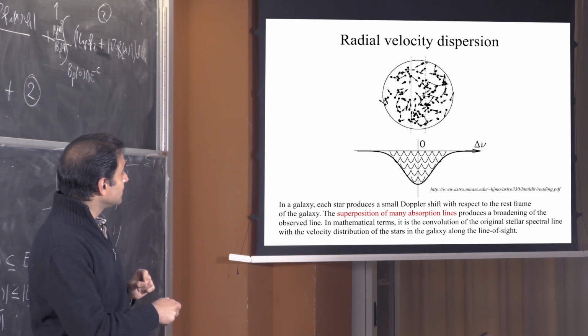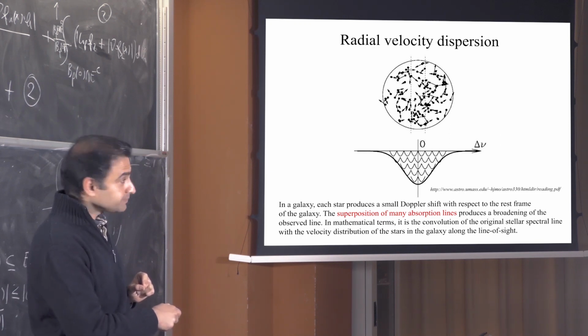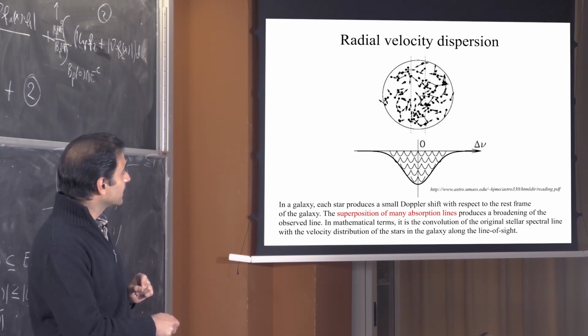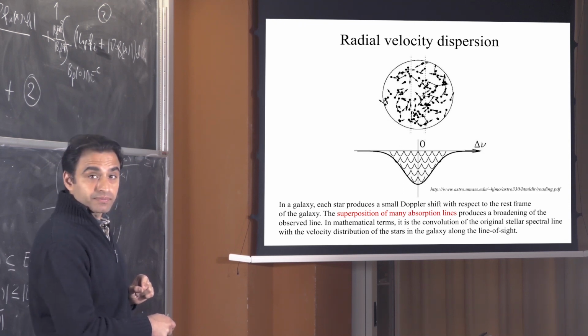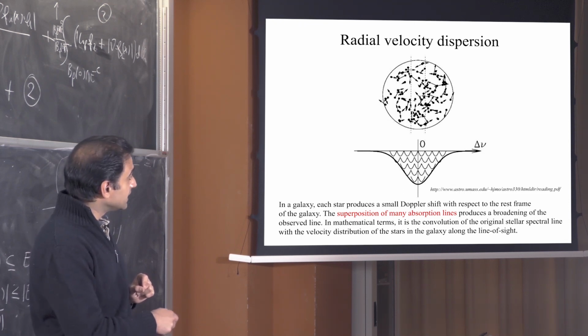Each of the single stars, moving in all directions with respect to the center of mass in the elliptical galaxy, causes a sort of Doppler effect in the absorption within the galaxy.